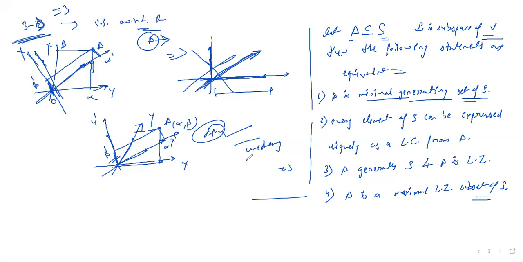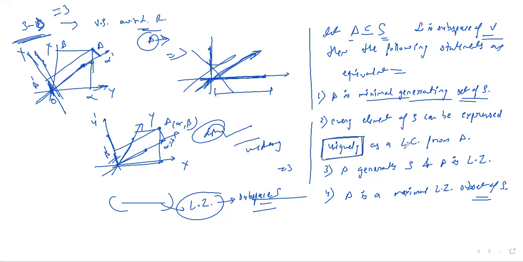It means that I require a minimum set of vectors which are linearly independent, and those vectors also generate the whole subspace S. This is what we mean by the minimal generating set of S. And by the second statement, every element of S can be expressed uniquely as a linear combination from A. If I can represent every vector of S as a unique linear combination of these vectors, then they give us the basis. Third, A generates S.